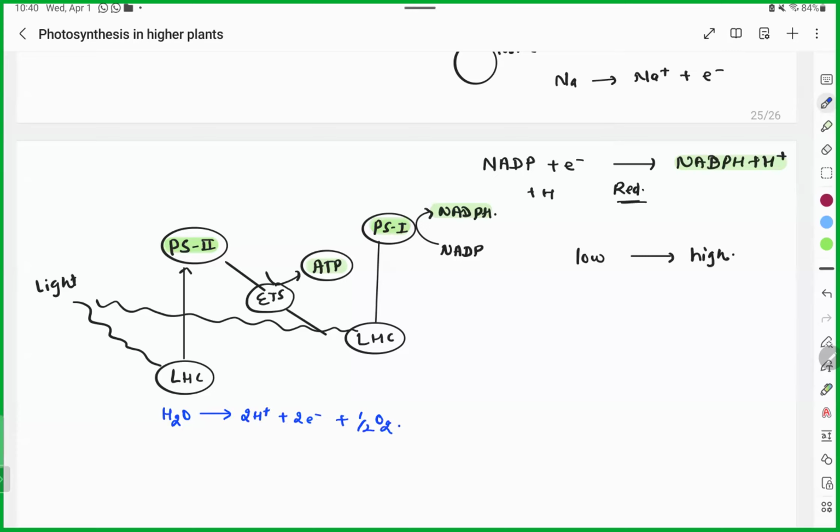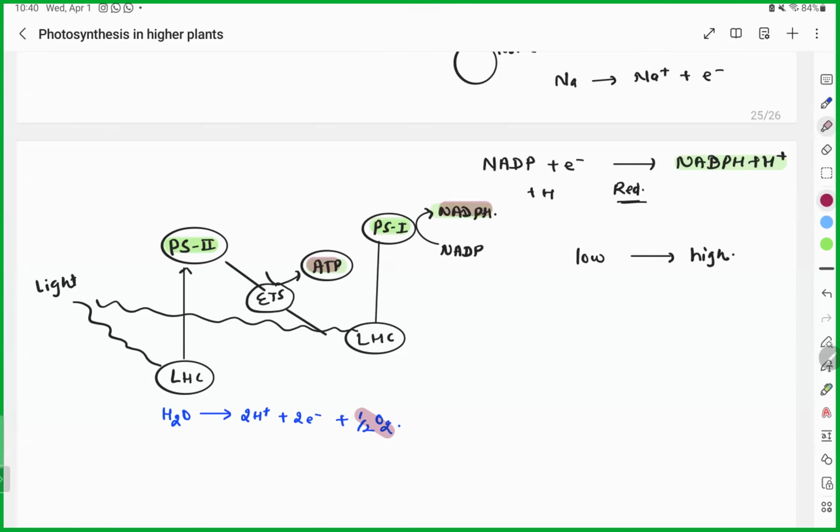So in this process, you get your first product, that is oxygen. Oxygen will come out. So if you want to understand what is the benefit of light reaction, three benefits. One, oxygen directly. Second, ATP and NADPH for the glucose formation in the next step.